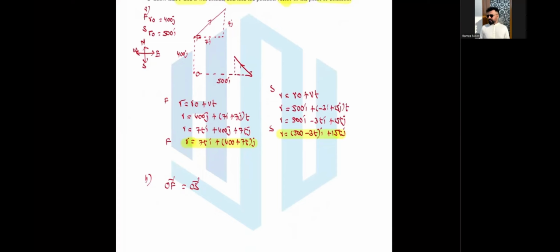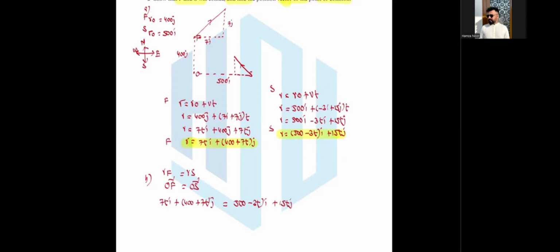So the position vector for the ferry and the position vector for the speedboat are the same: 7ti + (400 + 7t)j is exactly equal to (500 - 3t)i + 15tj.